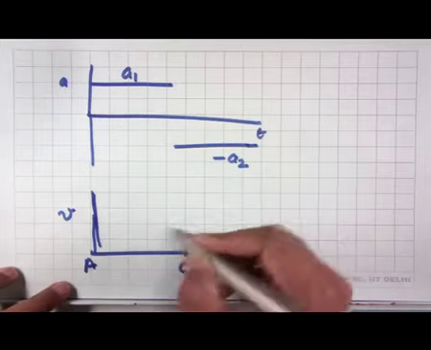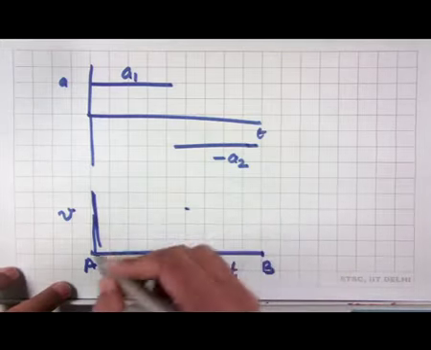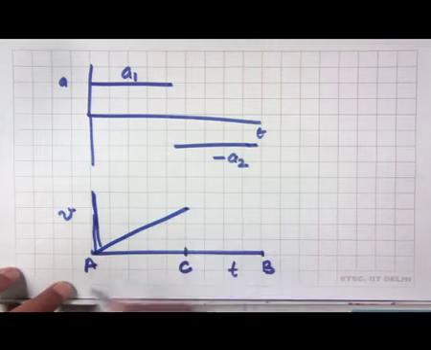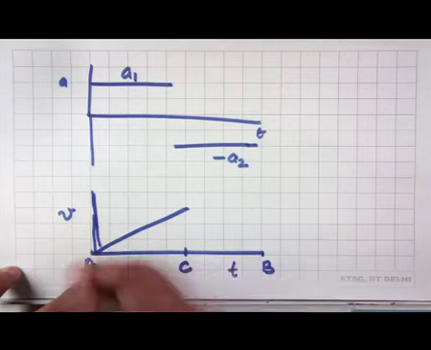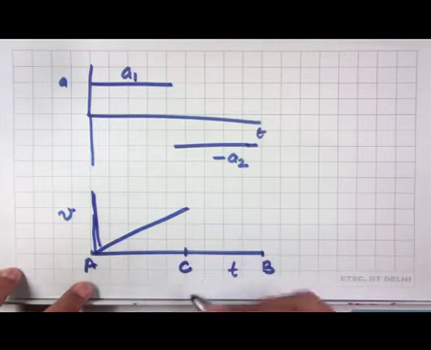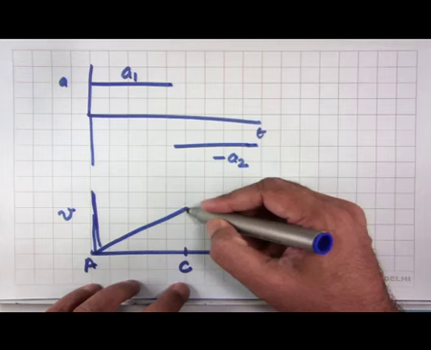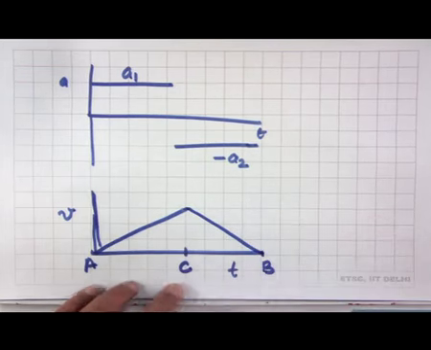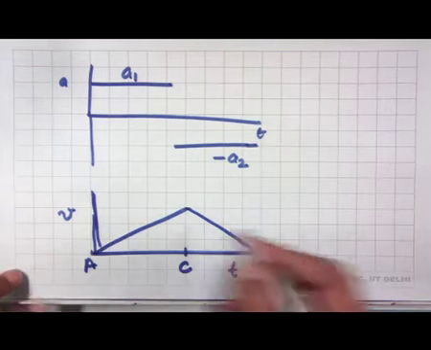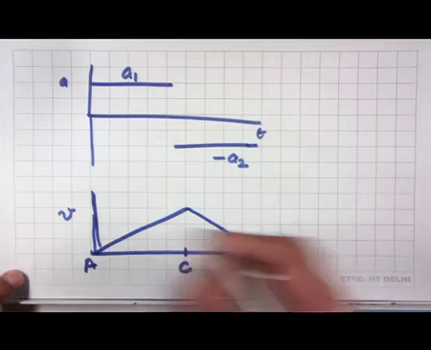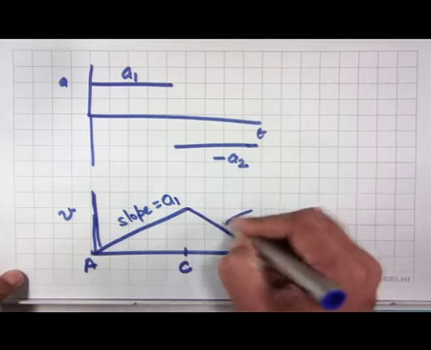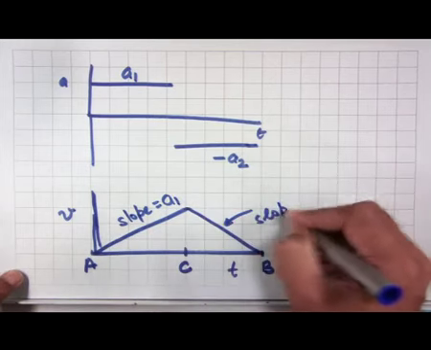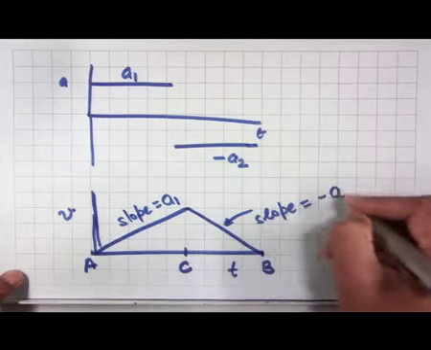So, it starts with 0 velocity, and because the acceleration is constant from A to C, the velocity and time curve will look like a straight line with a positive slope. And when it moves from C to B, this will be another straight line with a negative slope, so here in this curve the slope will be a1, and in the second part of the curve the slope is equal to minus a2.